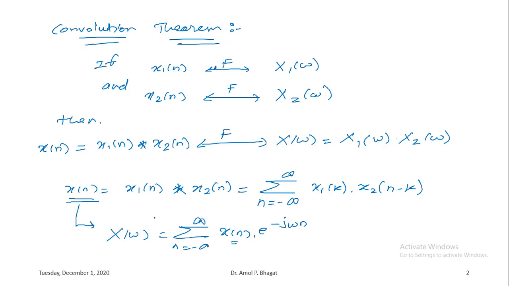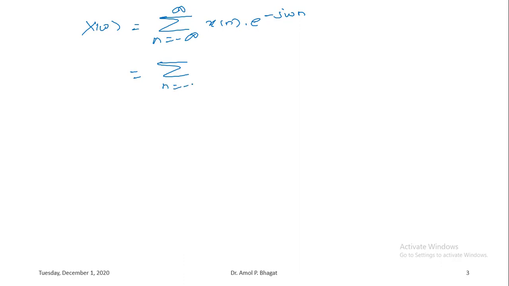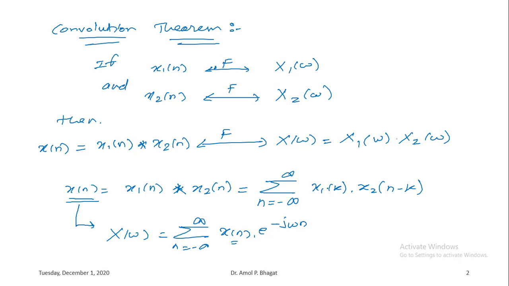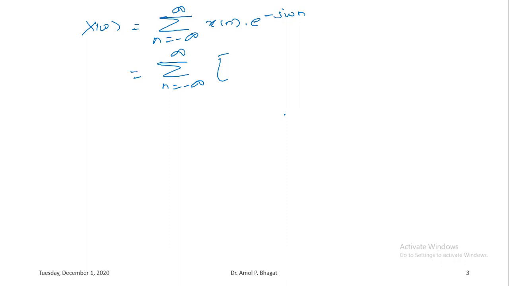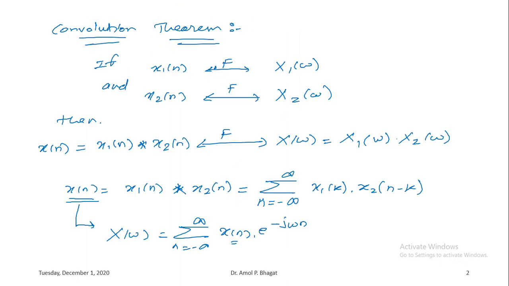So I will just rewrite this last equation on next slide, that is X of omega is equals to what we have, summation n is equals to minus infinity to infinity x of n into e to the power minus j omega n. Okay, so this is as per the Fourier transform formula, and in place of x of n, I can substitute this convolution of signal x1 of n and x2 of n as summation, I written n, so it should be k.